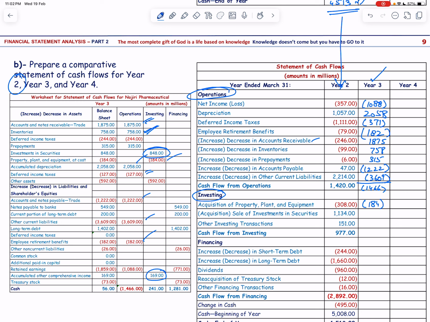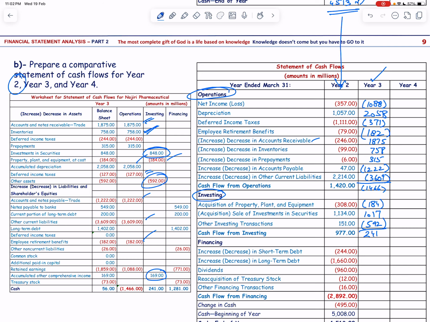So we add them, and this will be 1017. Then we have the other investing transactions, and that is 592 in brackets. So we sum up, and the total is 241.